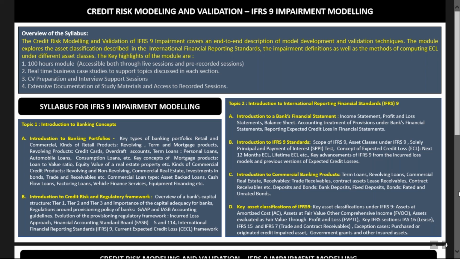For revenue-driven products, there is a particular IFRS standard. For trade and contract receivables, there are separate IFRS standards. For leases, there are separate IFRS standards. So we'll be talking about all these IFRS standards in detail.